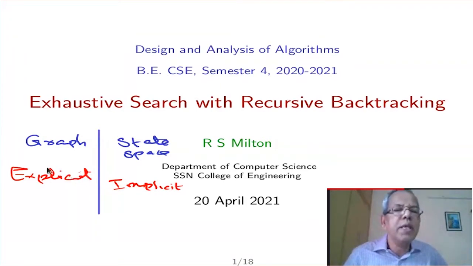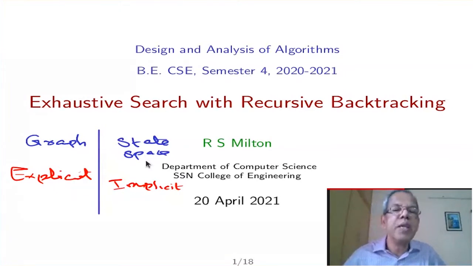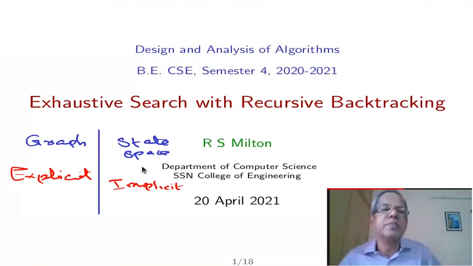When I say a graph is explicit, the entire graph is available upfront, all the vertices and edges. Maybe the graph is represented using an adjacency list, whereas in a state space, there are no vertices and edges upfront at the outset. When we start, we have only an initial state.